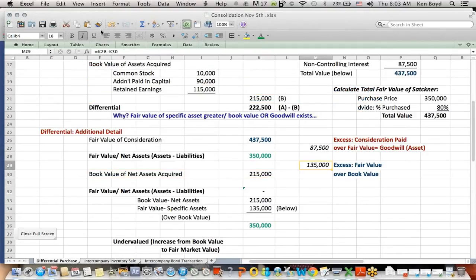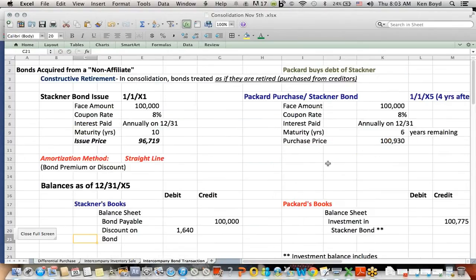And that visually helps me see that the difference between the book value and the fair value, 135, gets allocated to those specific assets that have those higher values in consolidation. And the remainder, the difference between 350, the fair value, and the consideration paid, 87,500, that gets posted to goodwill, which is a new asset. So a quick overview of differential.